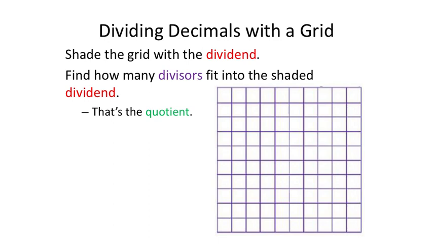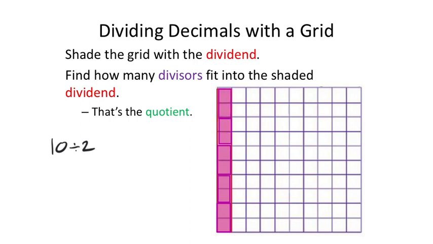That's your quotient, okay? So in the past, when you saw something like 10 divided by 2, if these were full units, you'd fill in 10 of these. There's 10. How many 2's are there? There's 1, 2, 3, 4, 5.